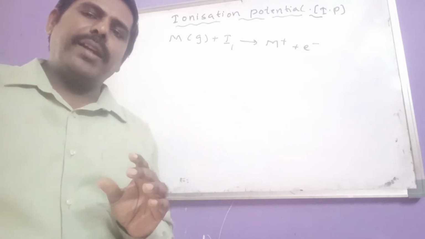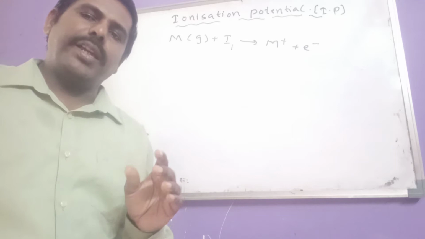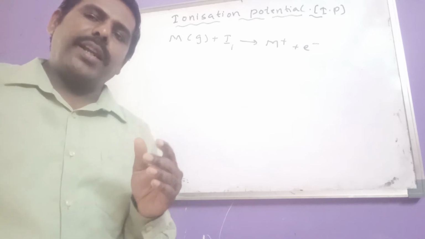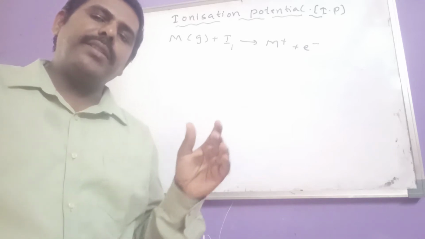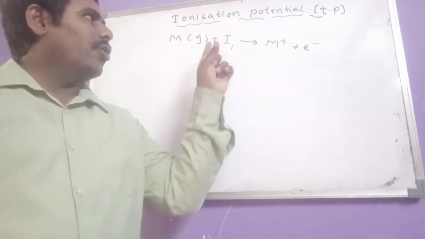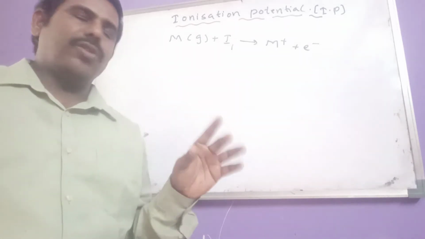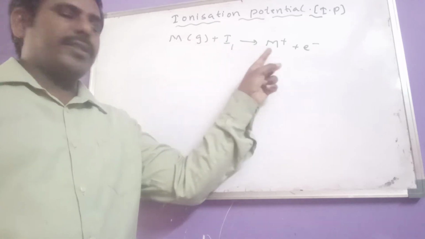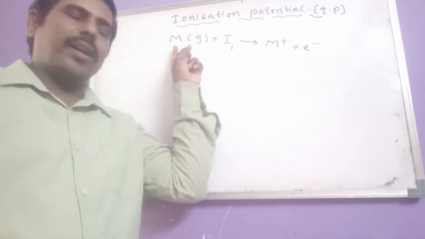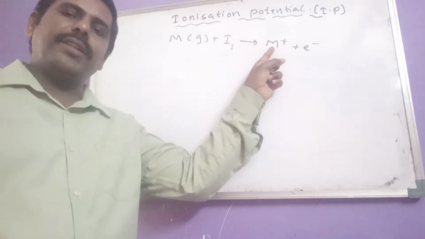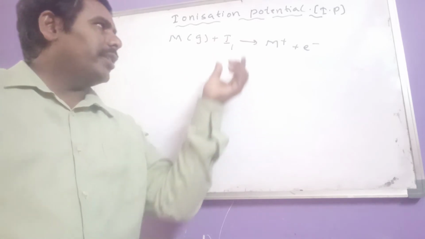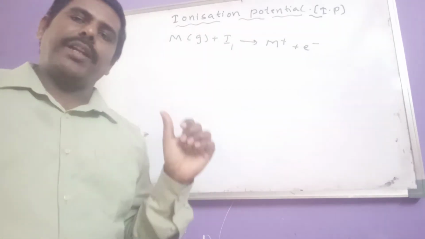So the minimum energy required to remove the outermost electron from a neutral gaseous atom is known as first ionization potential. In the case of first ionization potential, the neutral atom forms a unipositive cation.